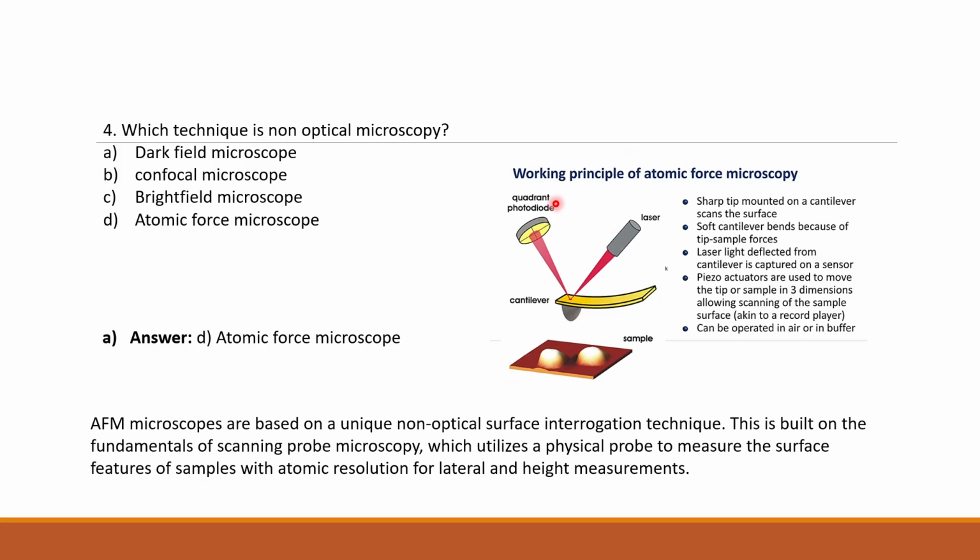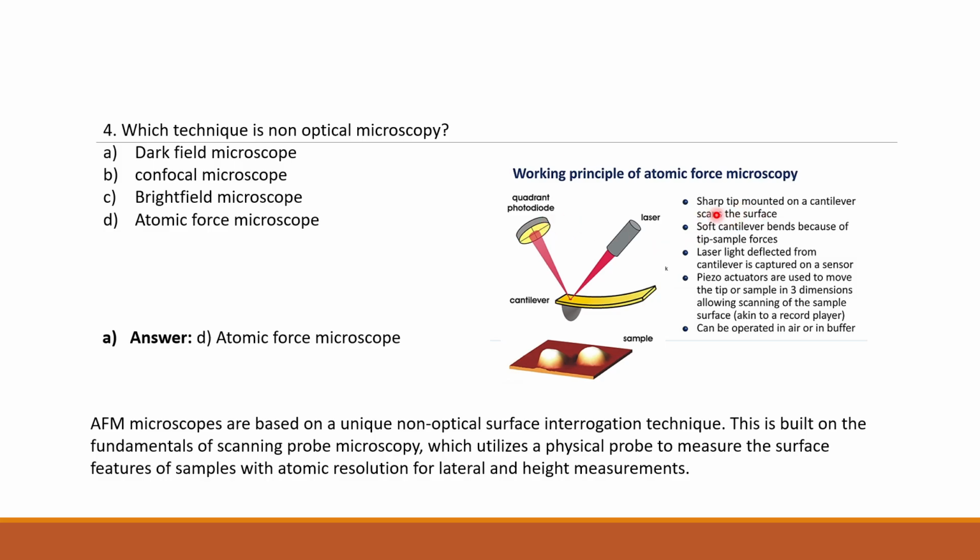So the bending of your probe will bend your laser beam that is emitting from it also. Based on the angle or extent of bending of the probe, your laser light deflection will also have an angle. This angle will be caught by your diode or your collector.